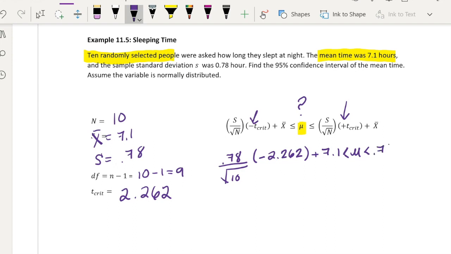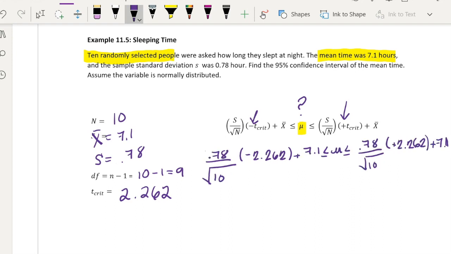So 0.78 over square root of 10, times 2.262, plus x bar, which is 7.1. I'm going to pause the video so I can rewrite this. Okay, using the magic of television, I just rewrote the equation.